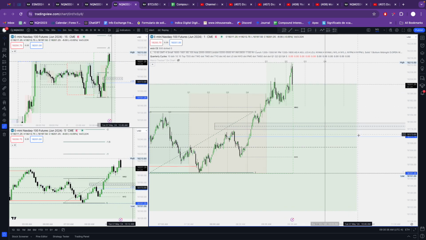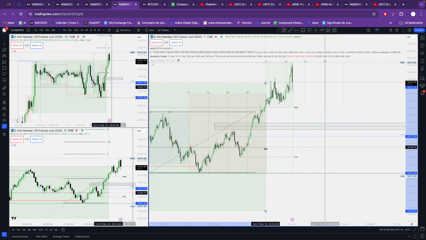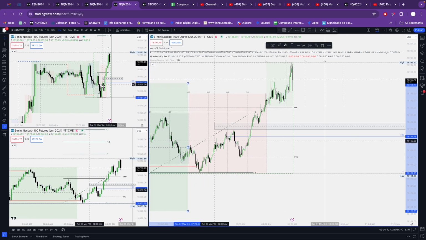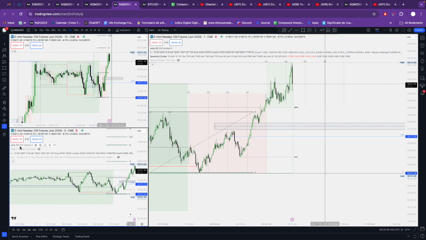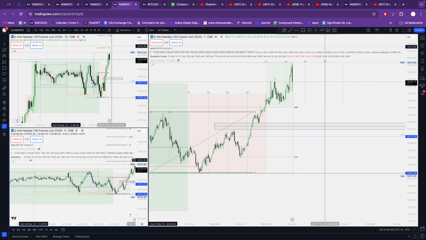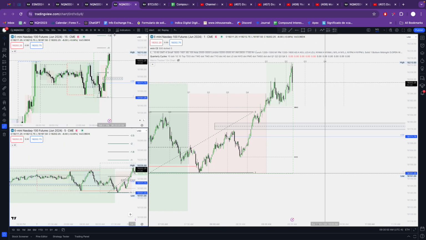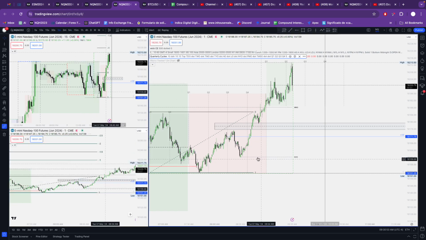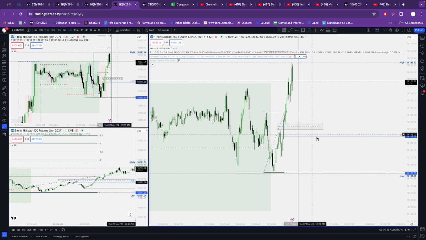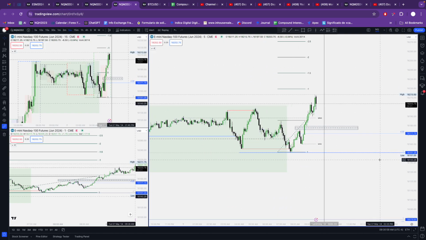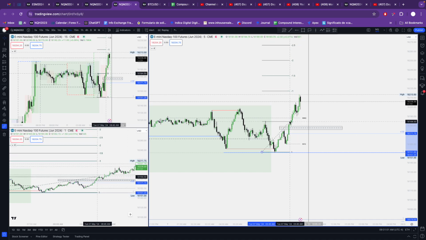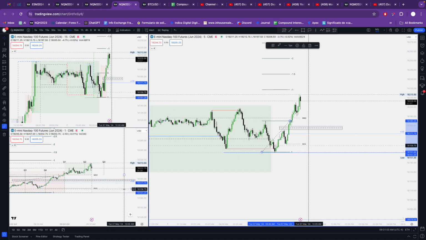We can move this over here. We measure this as our manipulation leg on the 15.